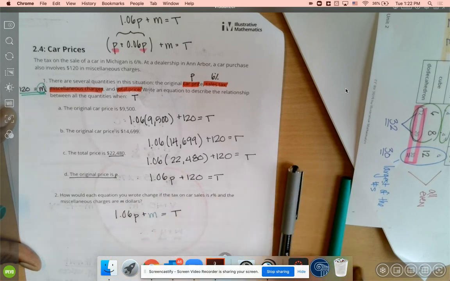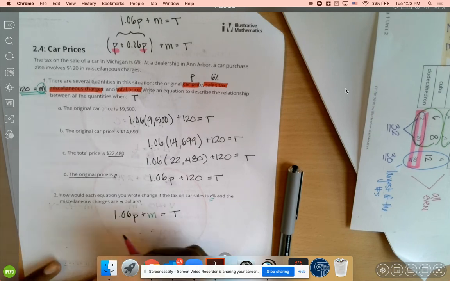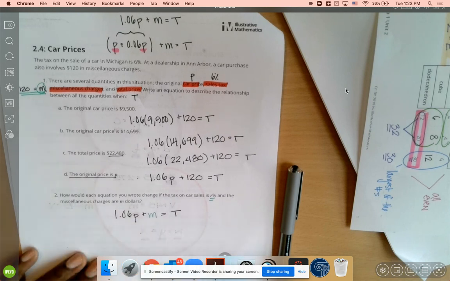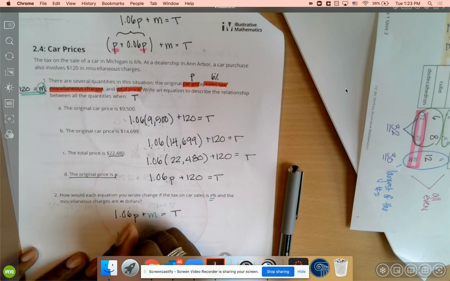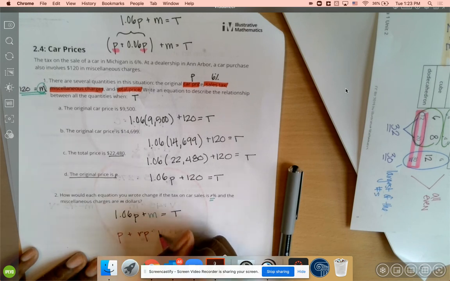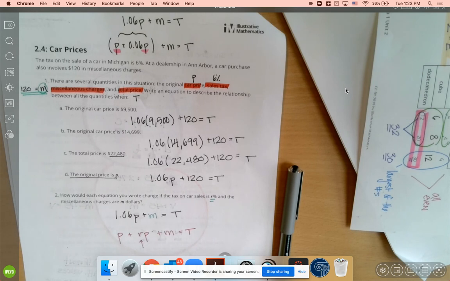And if we didn't know the sales tax, whatever that sales tax is, its decimal equivalent would be 100% the total price plus the decimal equivalent. So I could say P plus RP plus M equals T. One thing to note here, though, is that the R, remember I said earlier that you can't calculate with a percentage, you have to actually convert it into something.